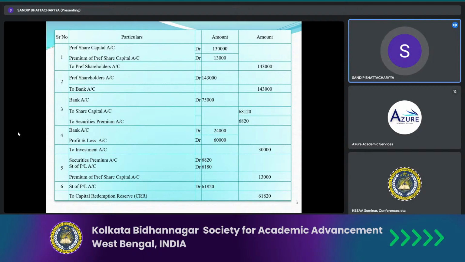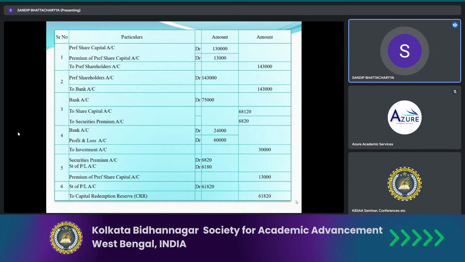Now the journal entry number 3, fresh issue of shares. Now your question may be, bank account debit 75,000. Why 75,000? Because you have issued 6818. You must remember that you have issued only 6818. So 6818 into rupees 11 has some fraction, that is rupees 40. So I need the rounded up figure. 6818 into rupees 11, that is 75,000, the nearest rounded rupees.